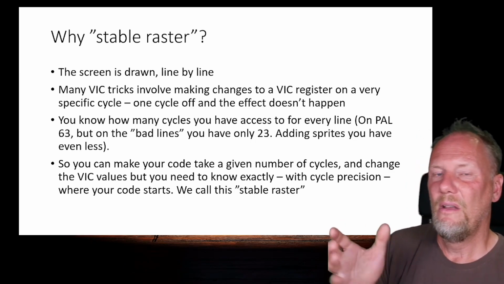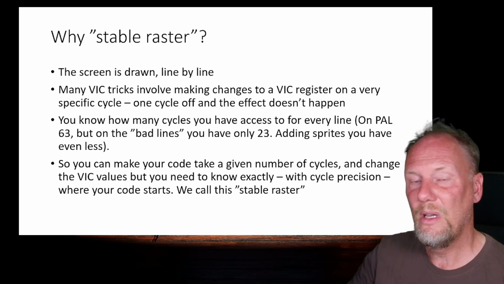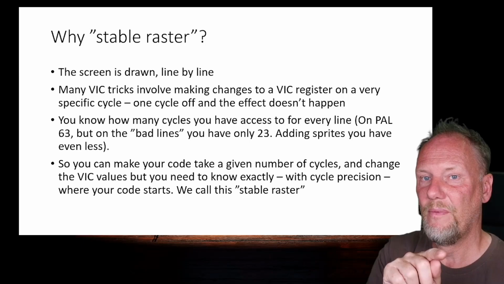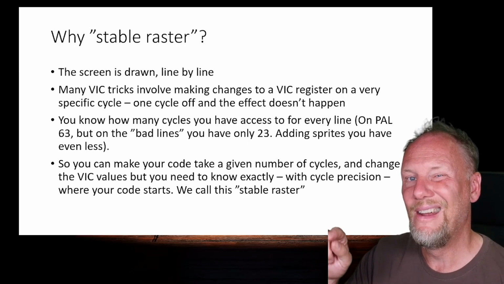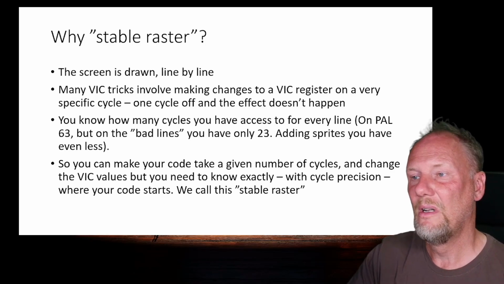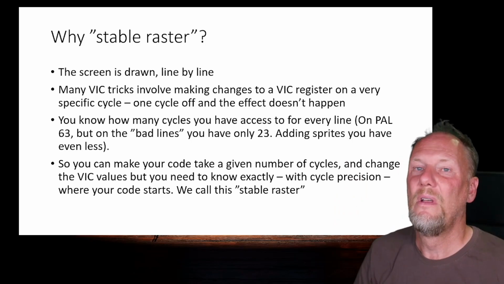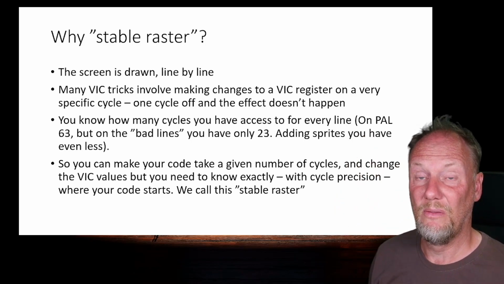But think of the really simple case: you are drawing and you make a change to the color register, then you let it slide a bit, and then you make another change to the color register, and on the next line you do the same. Then you get a vertical bar just because of that.